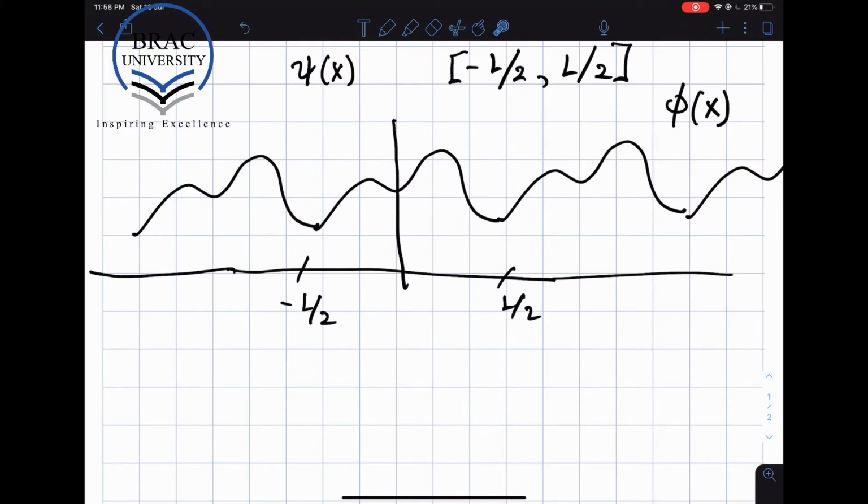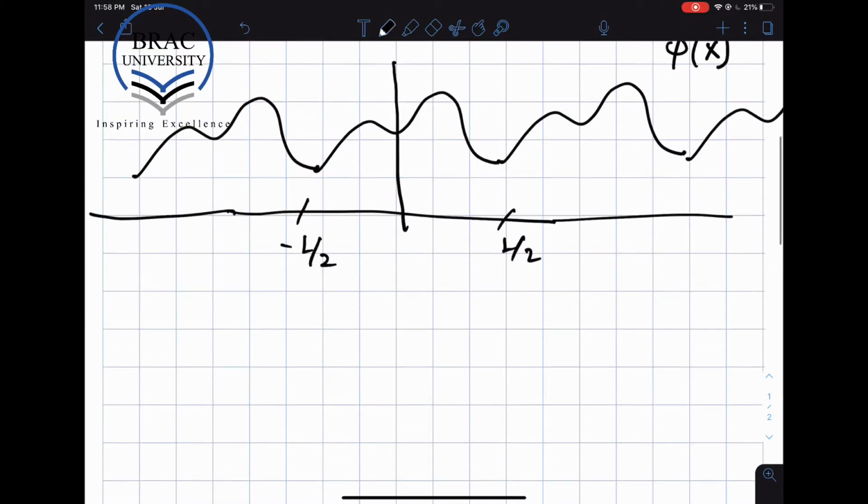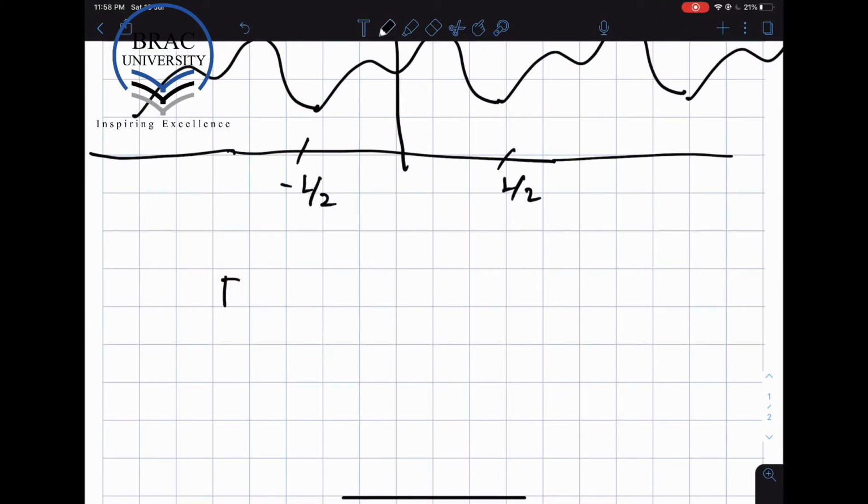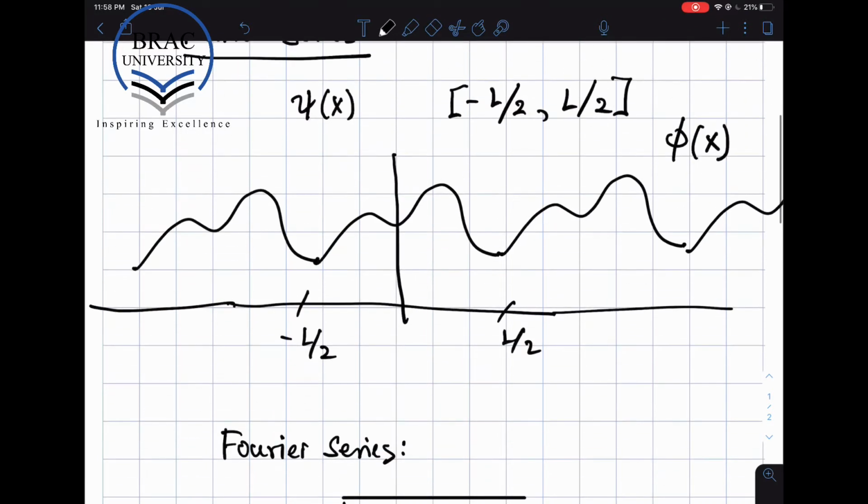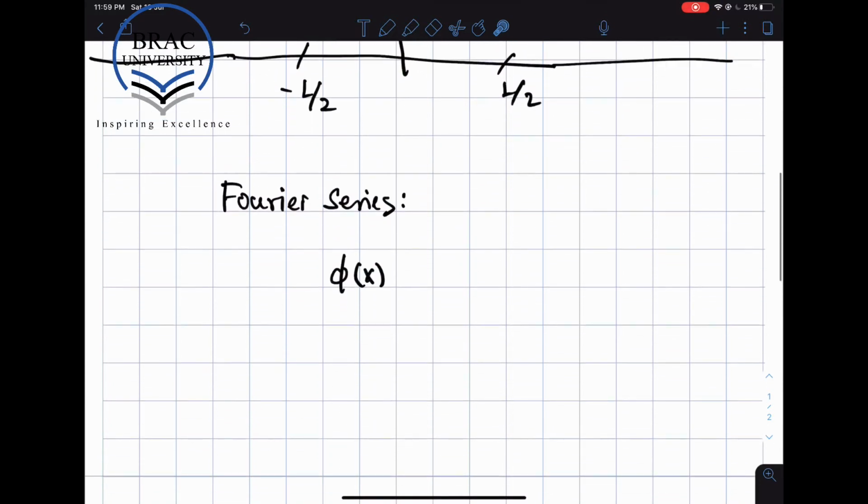So according to the theory of Fourier series, we can express the extended function phi of x, which, as you can see now, is a periodic function whose period is L, as a linear combination of sines and cosines.